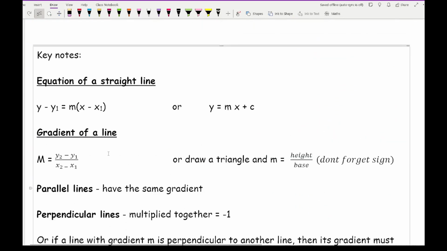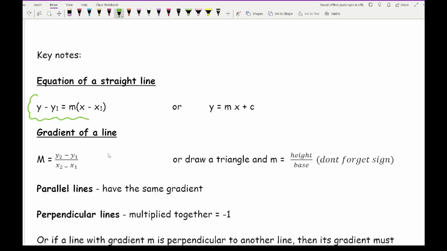Now other things to bear in mind is exactly what I've just said. So recognizing that the equation of a line is either y - y1 = m(x - x1), and you use this when you know the gradient and a coordinate that the line passes through. If you know the gradient and the y-intercept, then I would strongly recommend that you use y = mx + c.